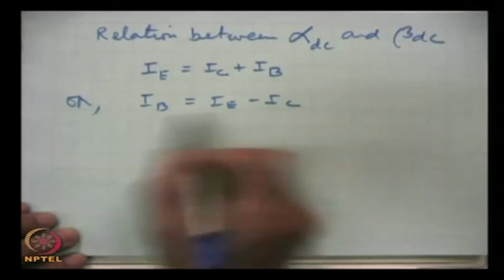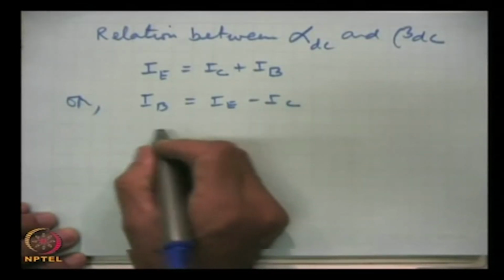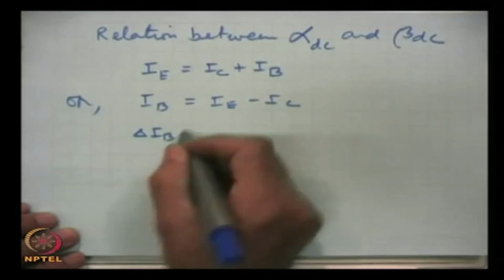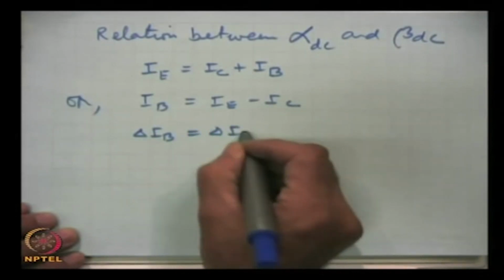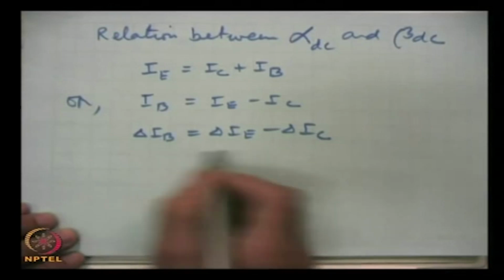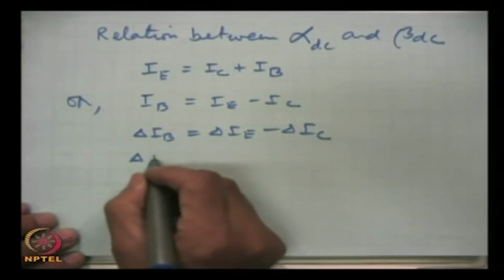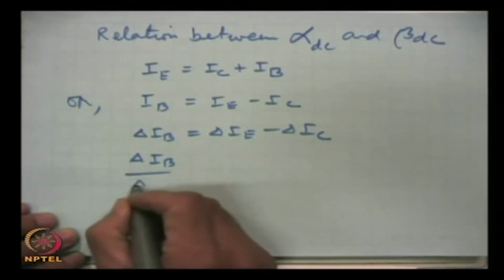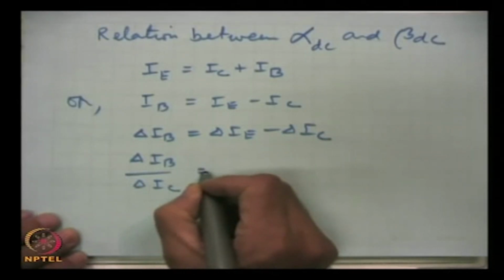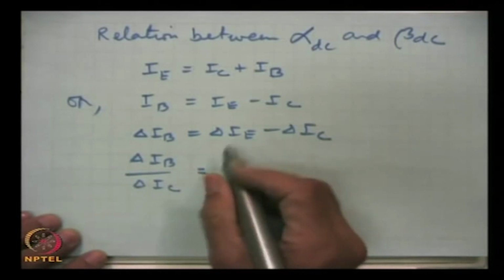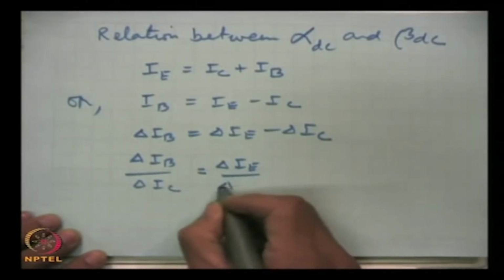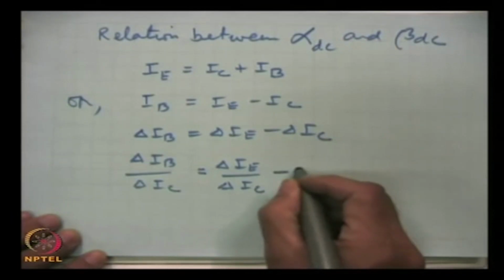If we write in terms of changes, then we can simply write change in I B is equal to change in I E minus change in I C, and this can be written as delta I B by delta I C, which is equal to delta I E by delta I C minus 1.